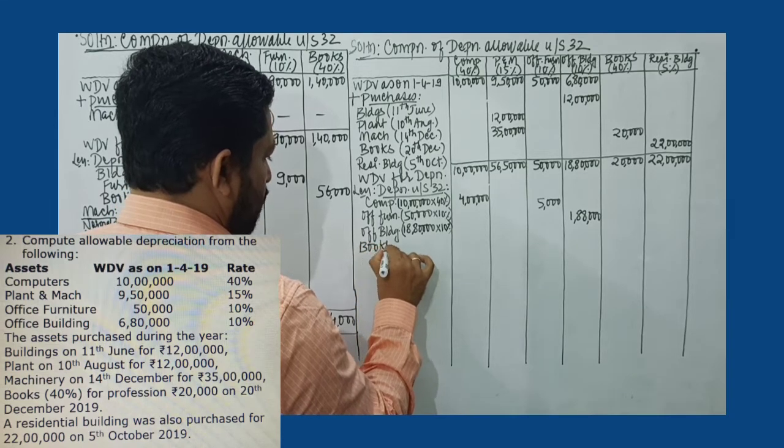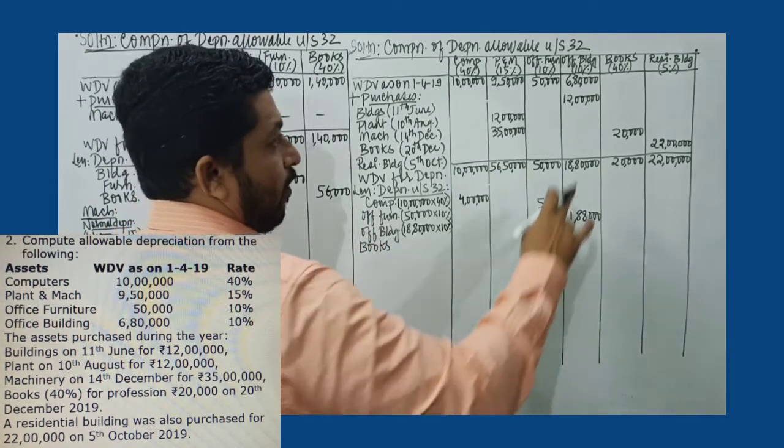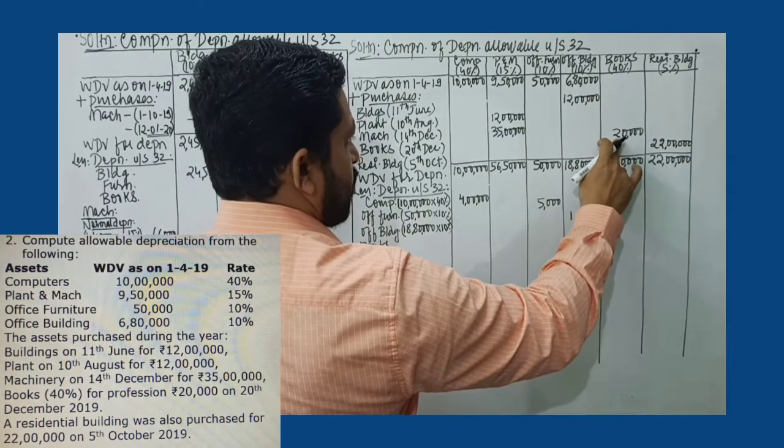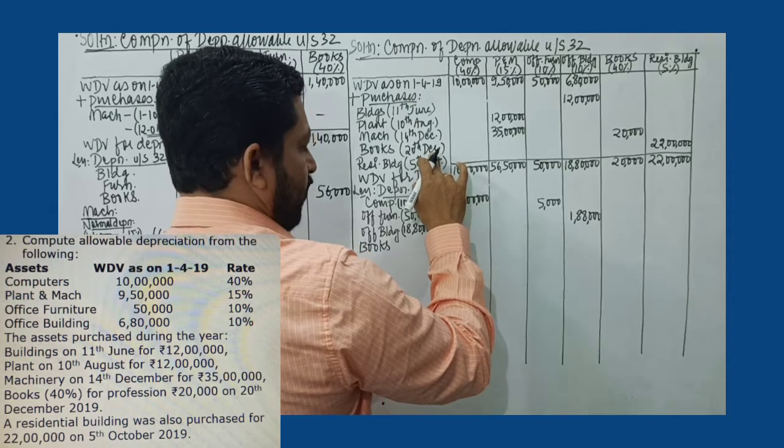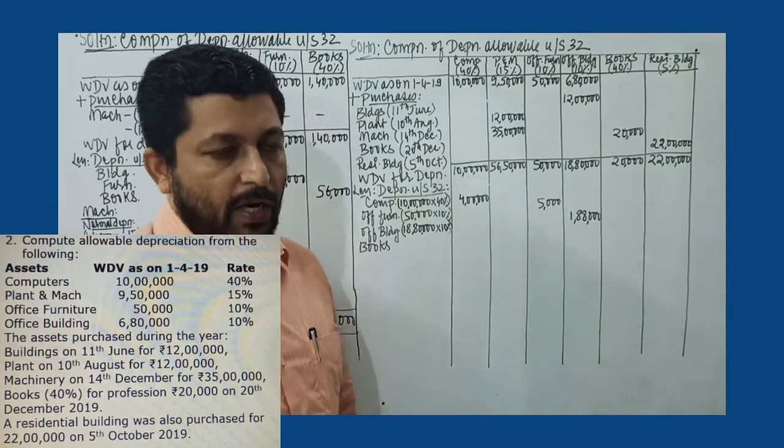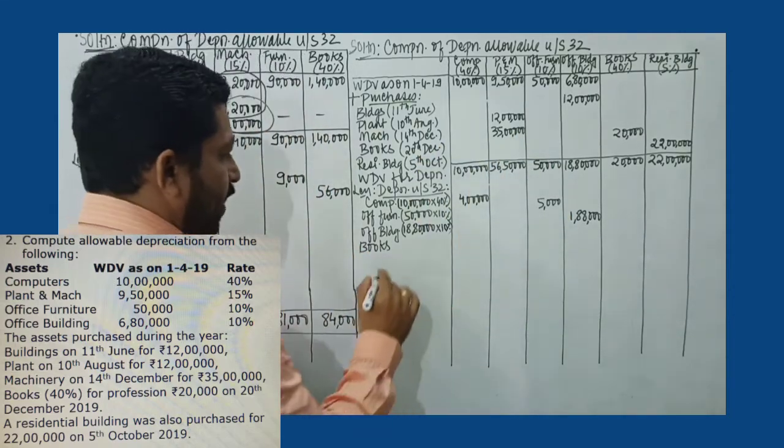Now as far as books are concerned, no opening value. It is purchased during the year and it is purchased on 20th of December. So 20th of December to 31st of March, definitely it is less than 180 days.